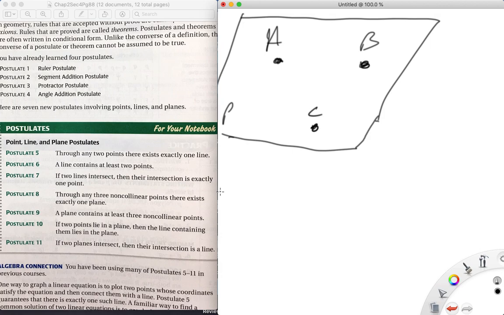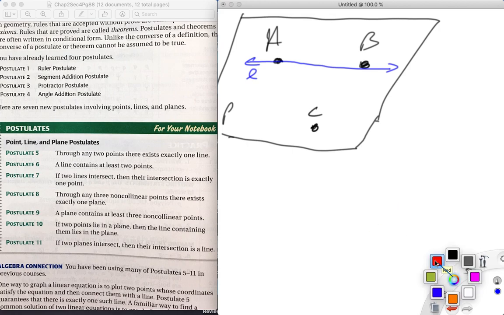Postulate 10. If 2 points lie in a plane, then the line containing those points also lies in the plane. So points A and B are in plane P here. Since those 2 points are in the plane, I can say that line L is also in the plane, the line that contains those 2 points.